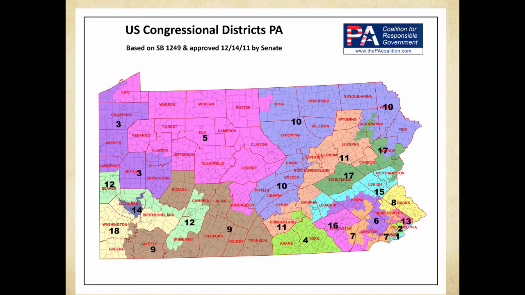For example, Pennsylvania. These are the congressional districts. There are 18 congressional districts for Pennsylvania, and they're different sizes only because some of the areas are more sparsely populated, with higher density populations down here in the southeast in Philadelphia.